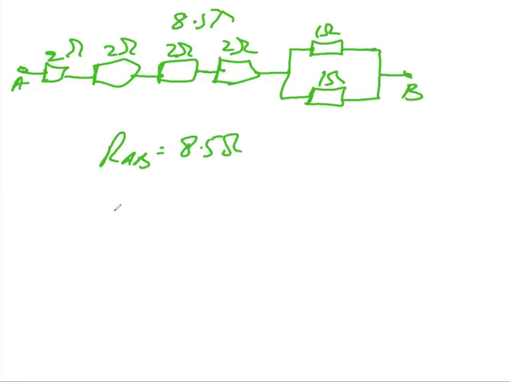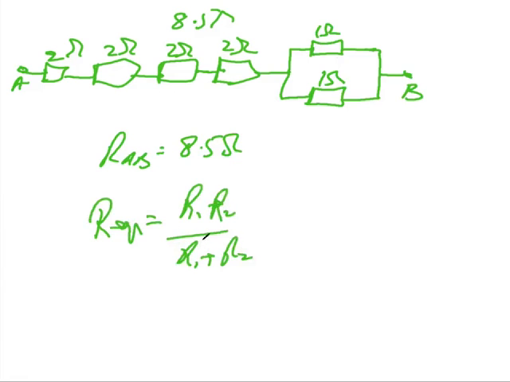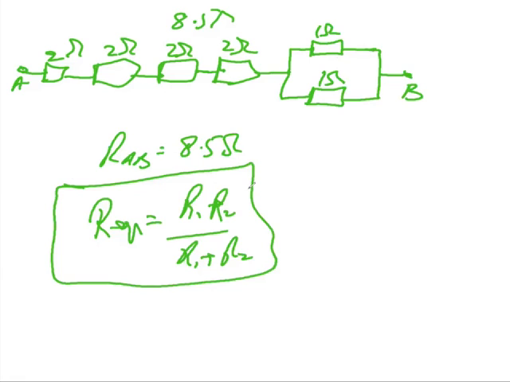And also, if you want to calculate the equivalent resistance, if there are only 2 resistors, then your R equivalent will be equal to R1 R2 divided by R1 plus R2. Equivalent means the equivalent resistance of the parallel connection of these 2 resistors.